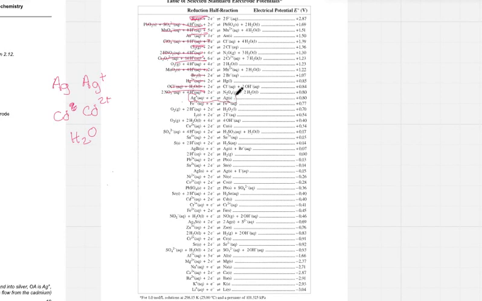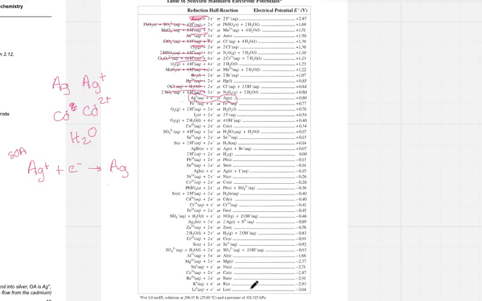Silver ions at 0.80 volts are our strongest oxidizing agent, and that means this reaction, Ag+ plus an electron produces Ag. That's our strongest oxidizer. So that's half of what happens in this cell.